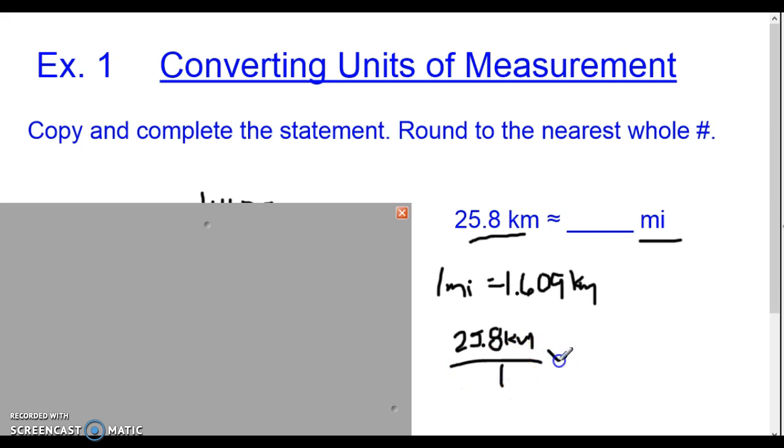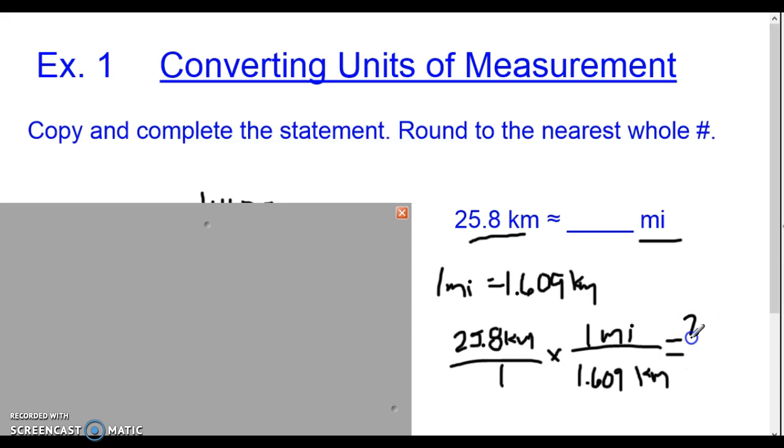Over 1 times, my kilometers will become my denominator. So that would be 1.609. And then 1 mile would be my numerator. And now I need to multiply across.